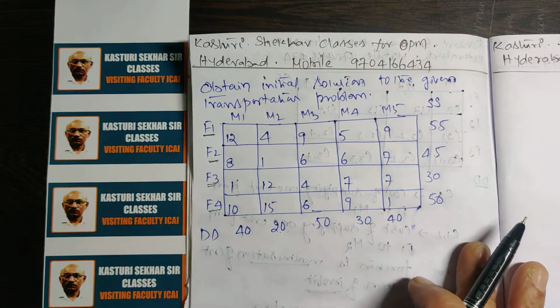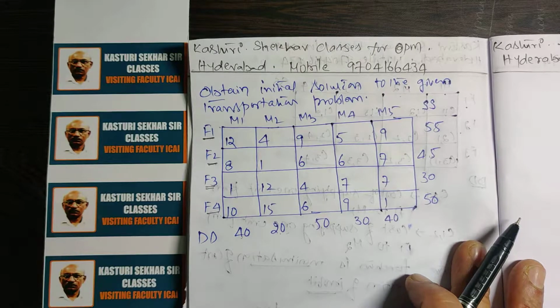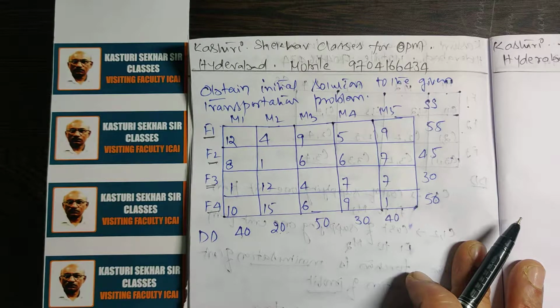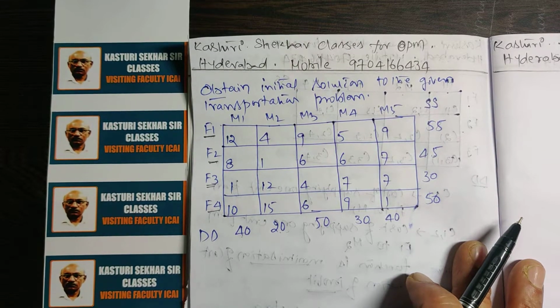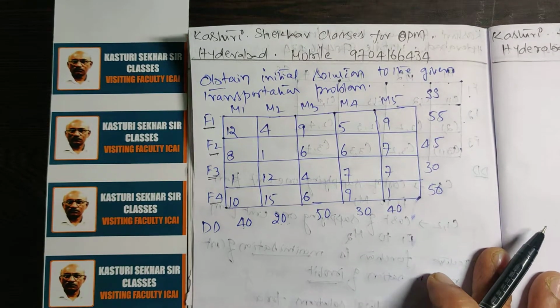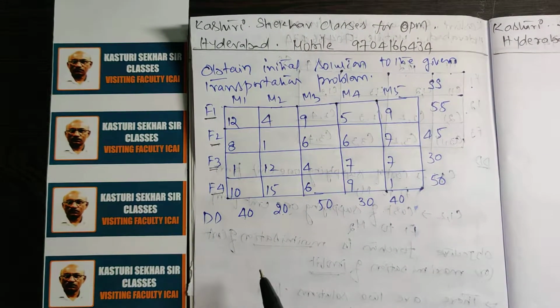Availability at each factory is also given. In addition to this, per unit transportation cost is also given. What is required of me? I have to prepare a schedule.